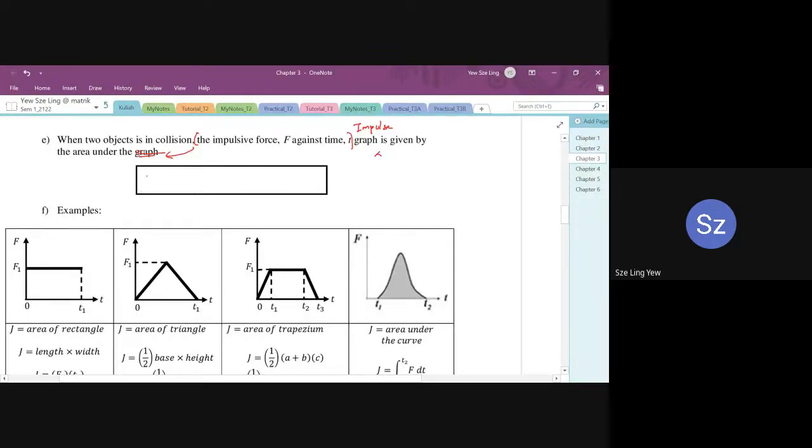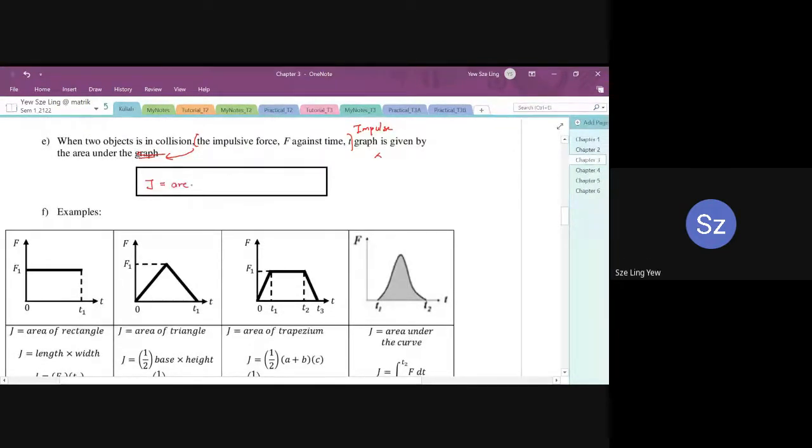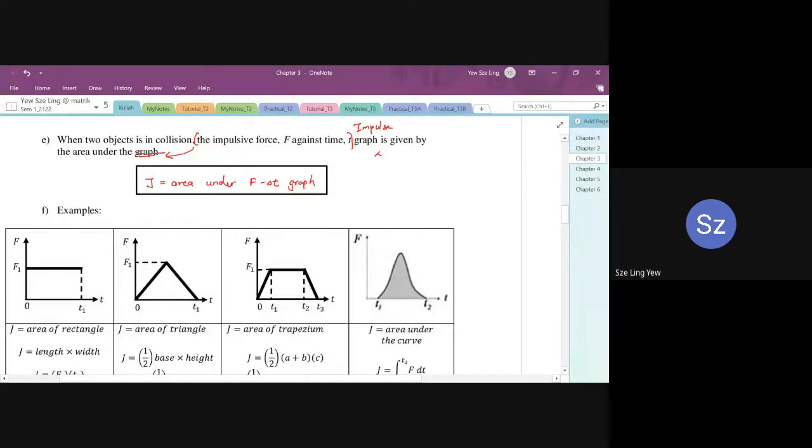So basically it tells you J equals area under the Ft graph. That is what it wants to tell you. So this sentence E, you can just ignore it if you want. So J equals area under the Ft graph.